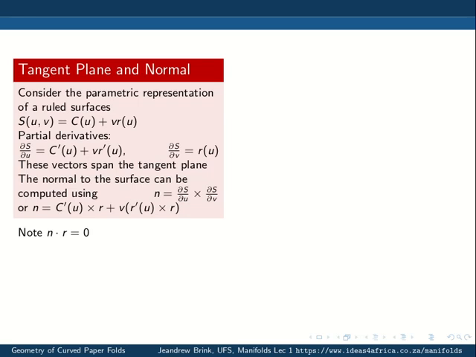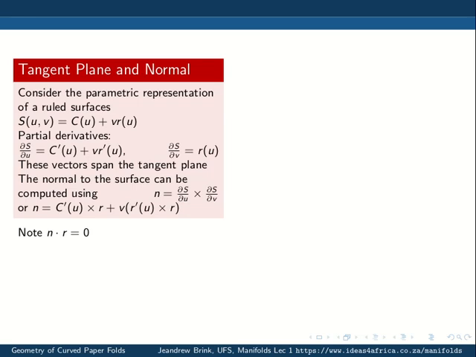Along a yellow line your r vector is constant, but your tangent plane is not, because the other vector changes. So along this particular curve, your normal vector points normal to the surface, and even though n dot r remains 0, it does not mean the normal vector remains constant.